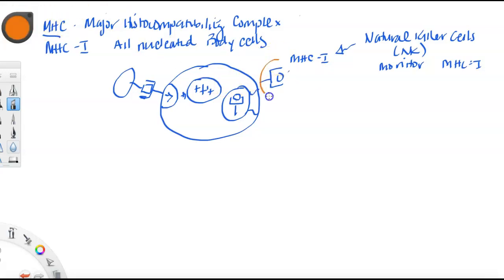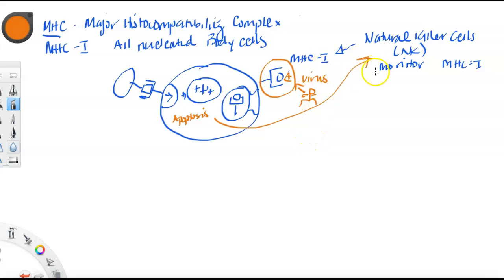So they're looking at this guy. And if this is something bad, like a virus, some kind of cancer or something, if that is in there, that's when natural killer cells bind to there and then have this cell go through apoptosis due to the action of the natural killer cell.